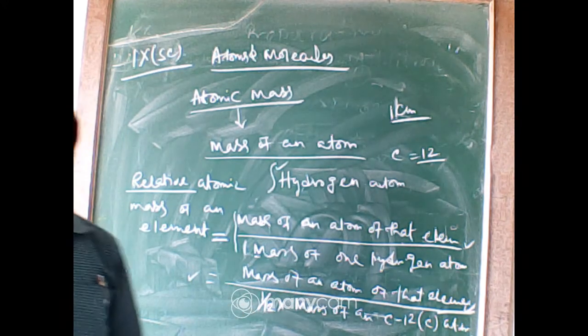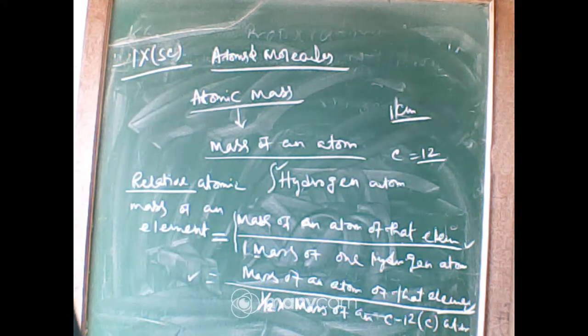Next one is that if we take it for oxygen, then it would be, suppose we are just calculating the atomic mass of oxygen, then 1/12 of the mass of a carbon atom.